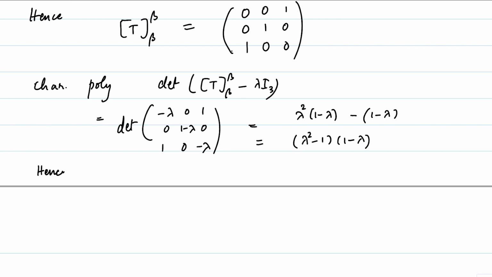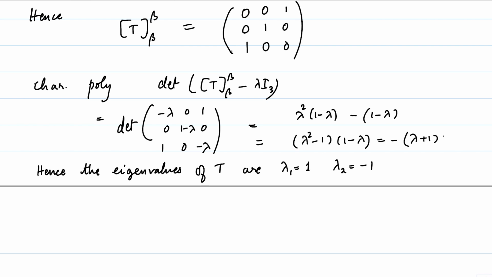Hence, the eigenvalues of T are lambda 1 equal to 1 and lambda 2 equal to minus 1. Why? Because this is minus of lambda plus 1 into lambda minus 1 the whole square. So there are two roots and they are going to be the eigenvalues.